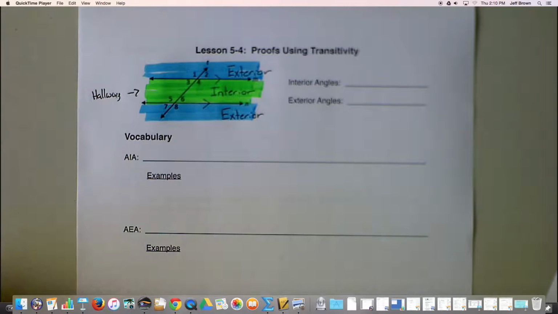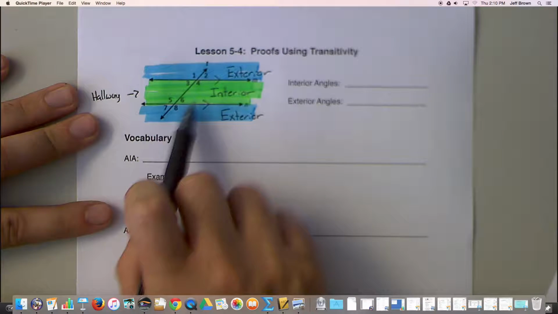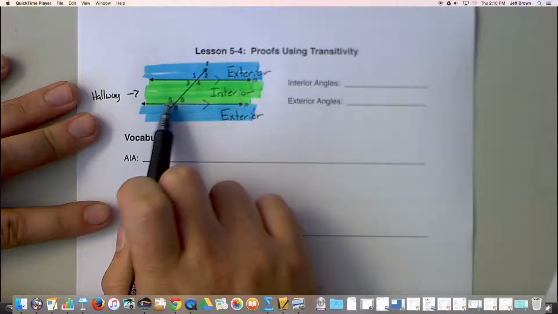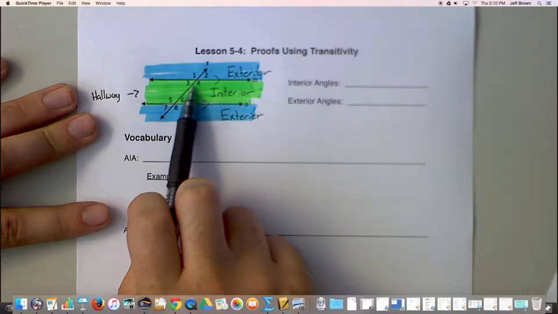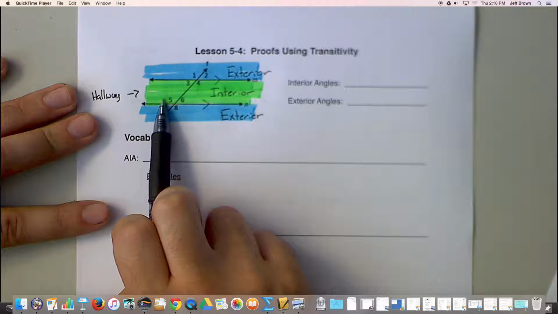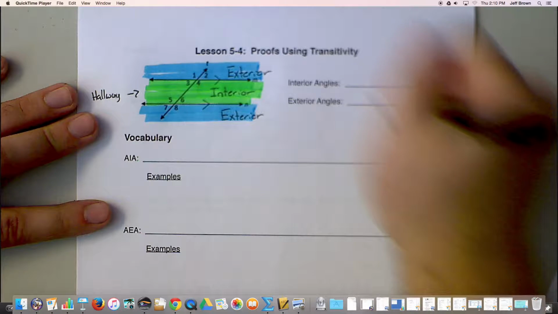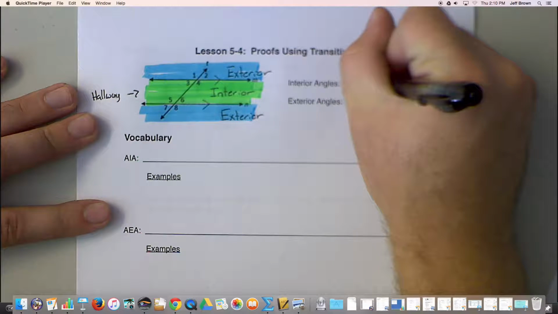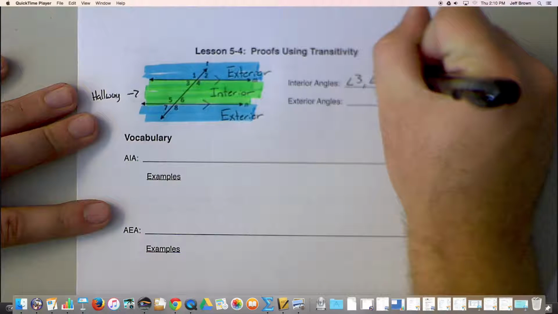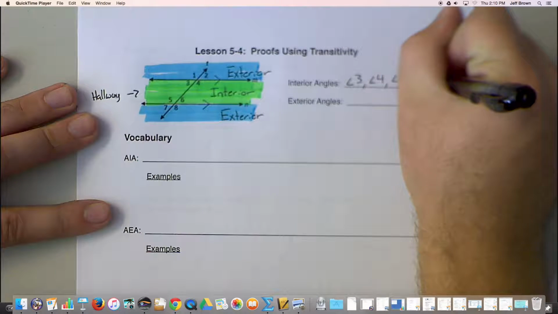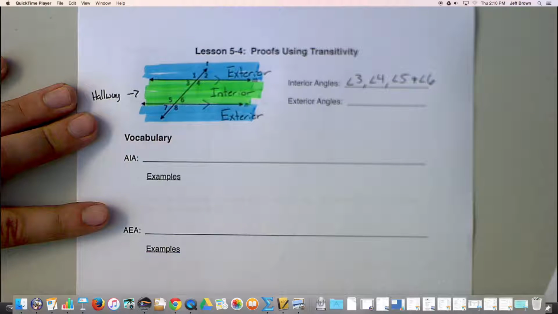Our interior angles are all of our angles that are inside of our two lines, inside that hallway. So if I look here, angle 3, angle 4, angle 5, and angle 6 are all inside of that hallway. I'm going to list those out over there on the side.